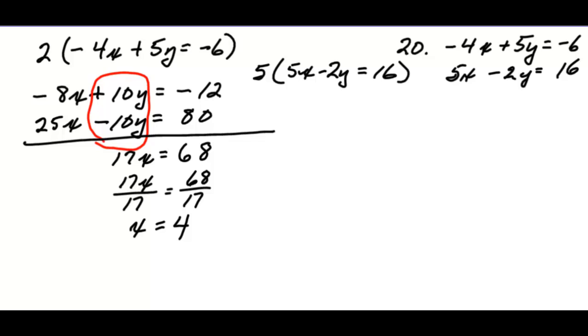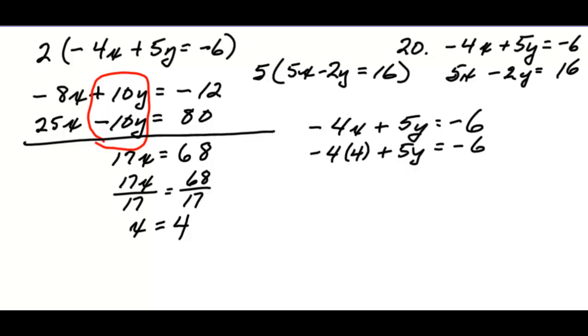Now I can substitute back into one of my original formulas, and I'll take that first formula again, even though it's got that negative there: negative 4x plus 5y equals negative 6. I'll substitute in for the x. So I have negative 4 times my x, which was 4, plus 5y equals negative 6.